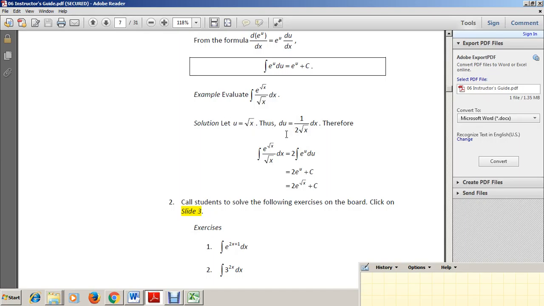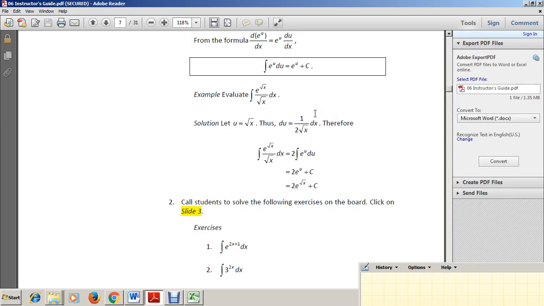Now, if you're going to replace our representation for x in terms of u, our original integral of e raised to square root of x over square root of x becomes e raised to u over u. Then dx over square root of x could be represented as 2 du.